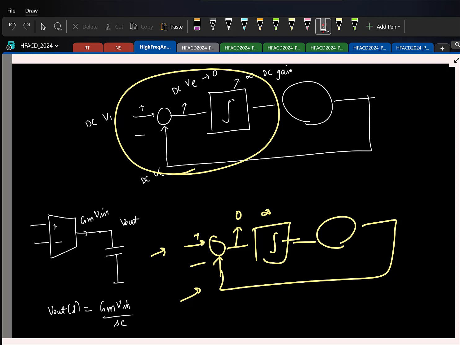And that is good enough because at least at low frequencies you get 0 error. At least you are sure that there is no effect of non-linearity at DC. At low frequencies, non-linearity will not be there. But again, the idea of having an integrator is you want to have 0 steady state error at least at DC. Right.